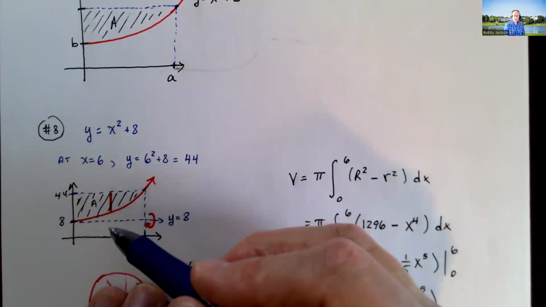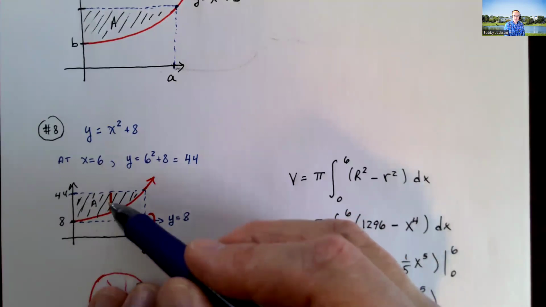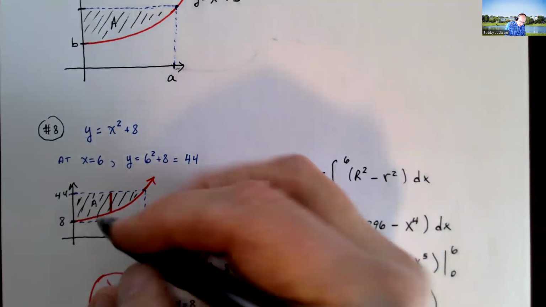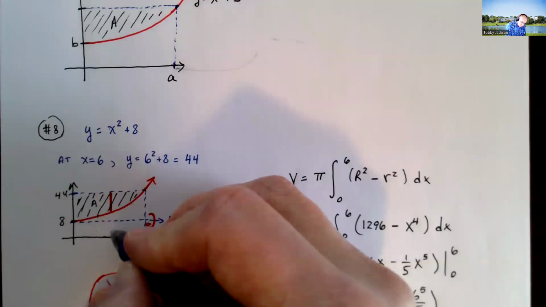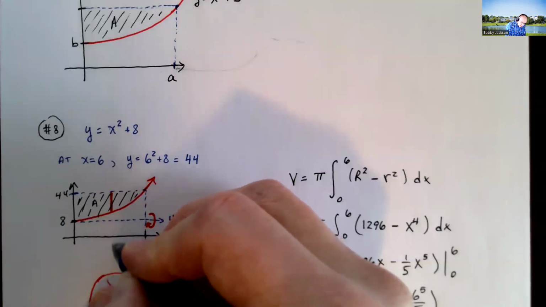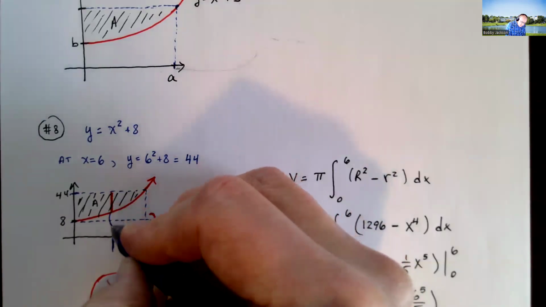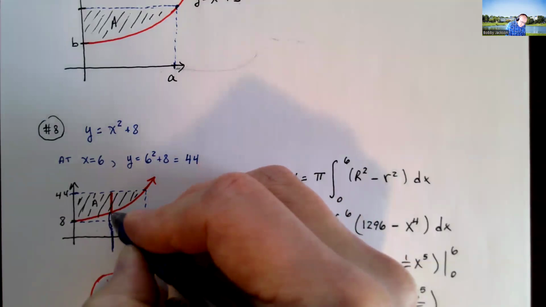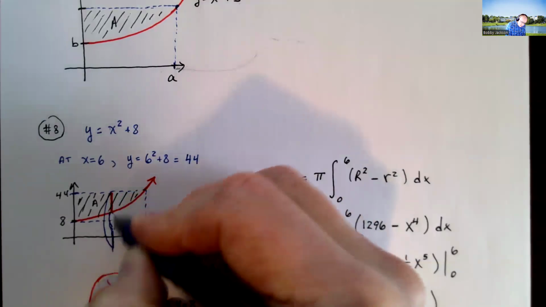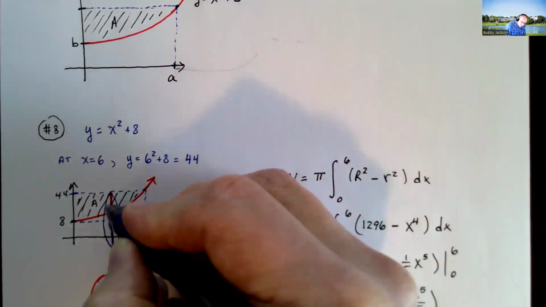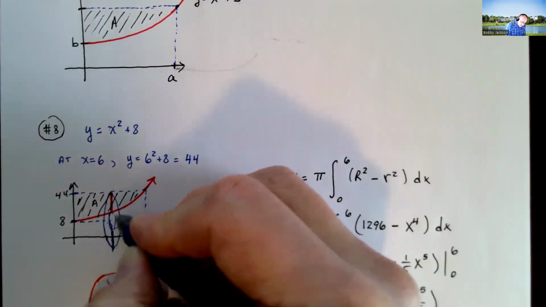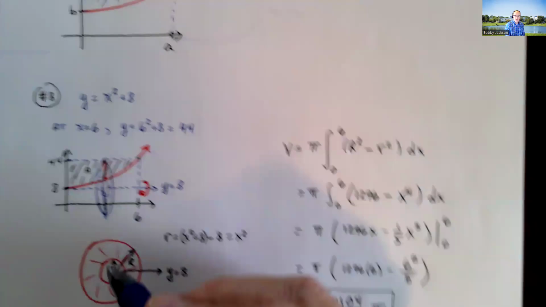It's going to come out of the page and go back into it down here. And hopefully you'll see what we'll have is a washer, right? So the cross section is a washer, and I've recopied it down here.